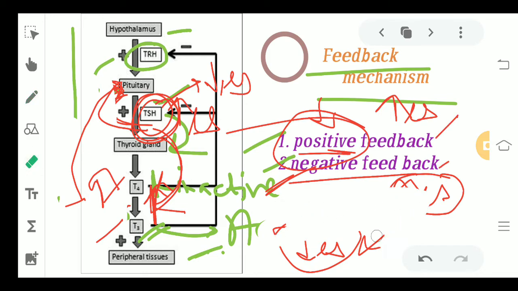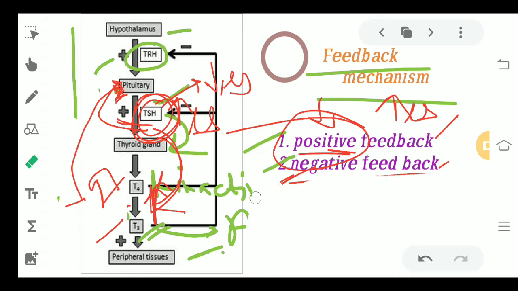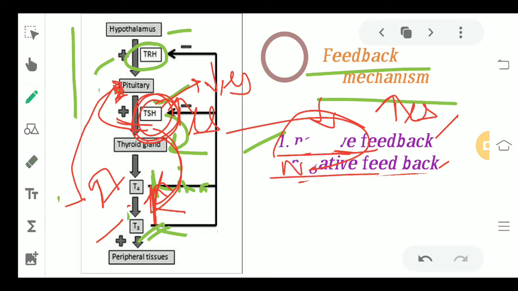One thing you have to keep in mind is that whenever we talk about negative and positive feedback mechanisms, two conditions are being created. In the positive feedback, the level is initially decreased, but later the level of T3 and T4 is balanced.